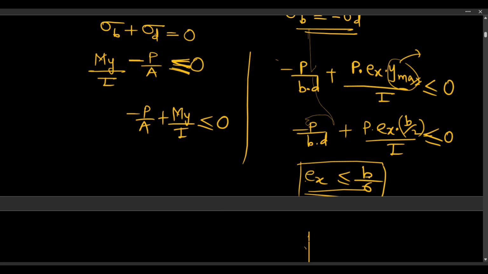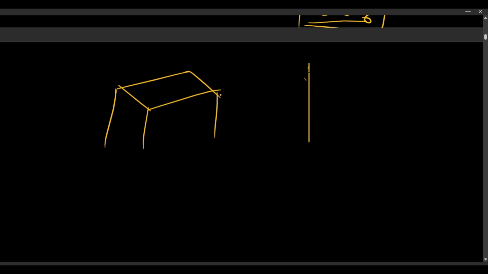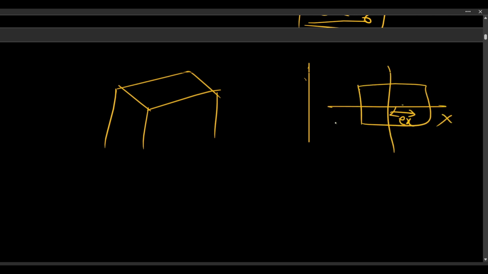This is the derivation, which is not needed for us. What is needed is this: if we have an eccentrically loaded column, with eccentricity at ex distance, let's say this is the ex distance, this is the x dash axis, this is the y dash axis, this is b and this is d.